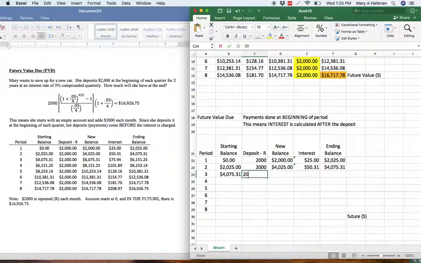I'm going to put $2,000 in. So now you'll see I'll be up to $6,075.31. Yes, I can talk. This is going to get some interest. 75 bucks.